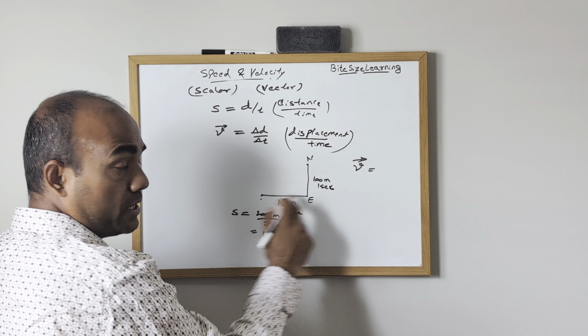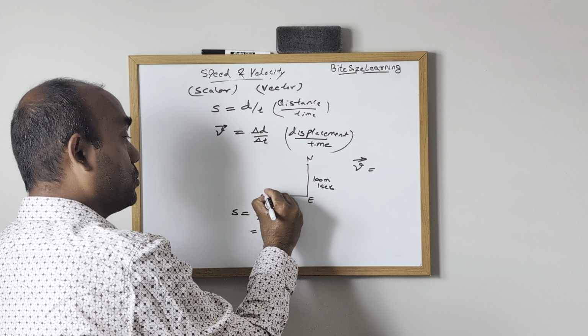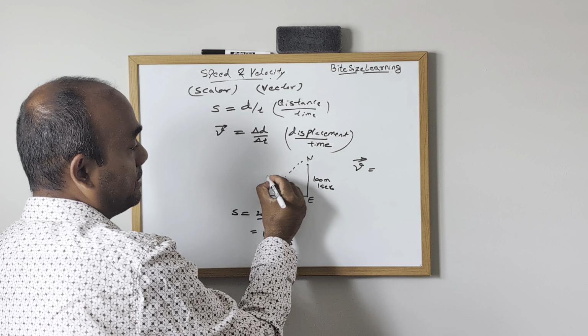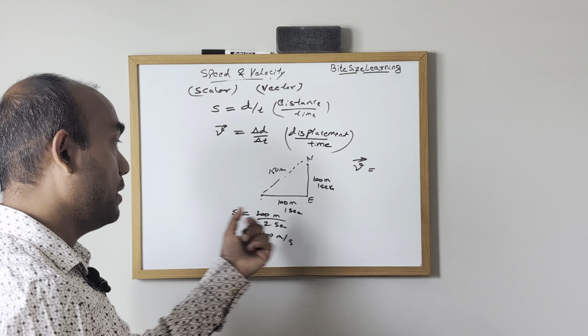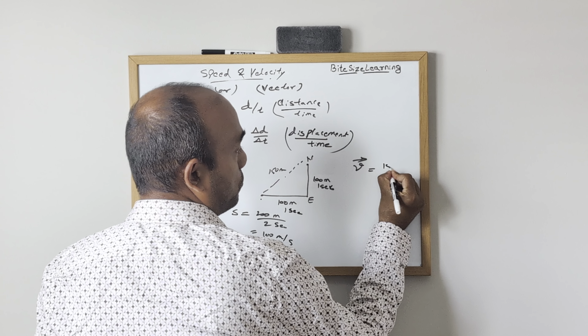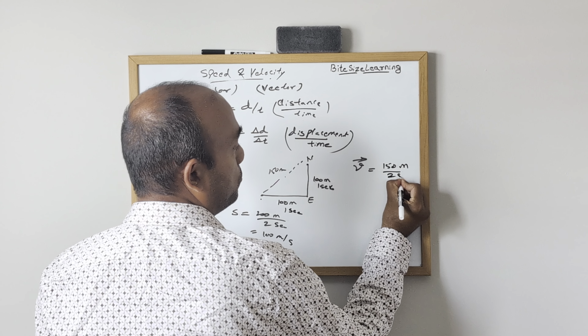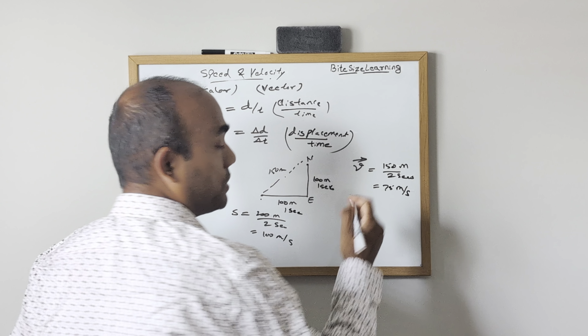So the distance traveled in this direction is 100 meter. Then in the north direction is 100 meters. So the displacement is, let's say, this is 150 meter, right? It's not 200, so it's like 150 meter from the initial position. So 150 meter in 2 seconds, which will be 75 meter per second.